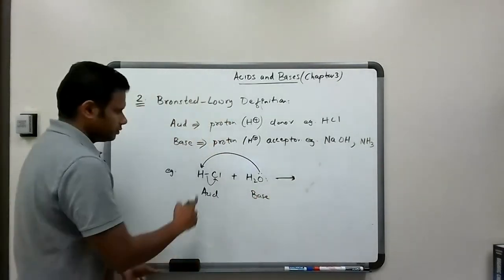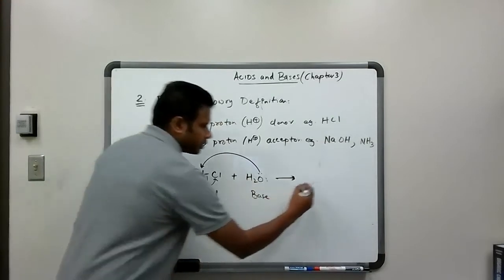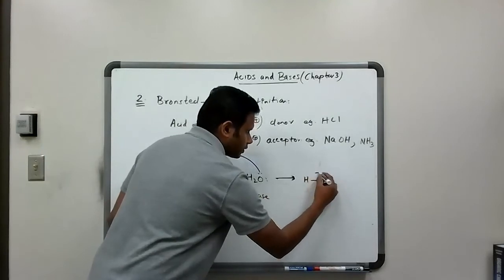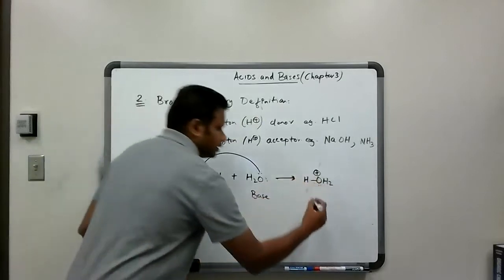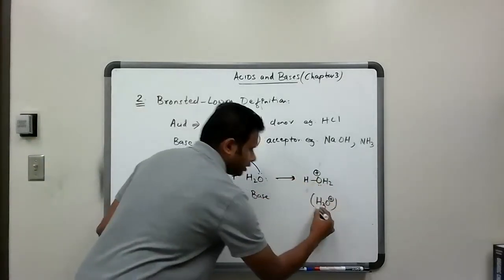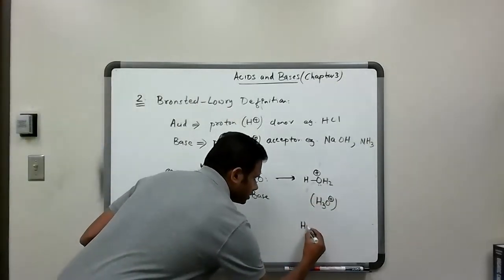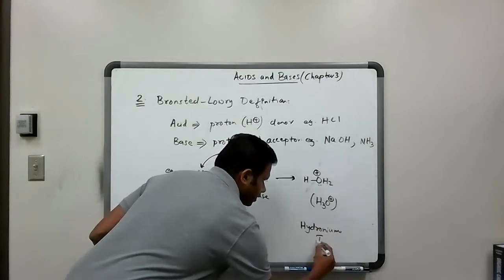And this will now give us, oxygen had 2 hydrogens around it, so it will give us OH2 with a formal charge and 1 lone pair. This species is essentially the hydronium ion. That's what we call it. H3O plus is the hydronium ion.